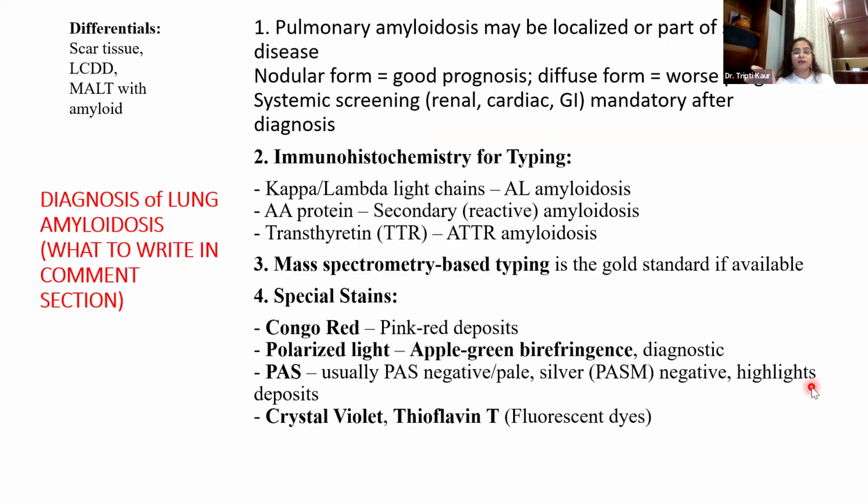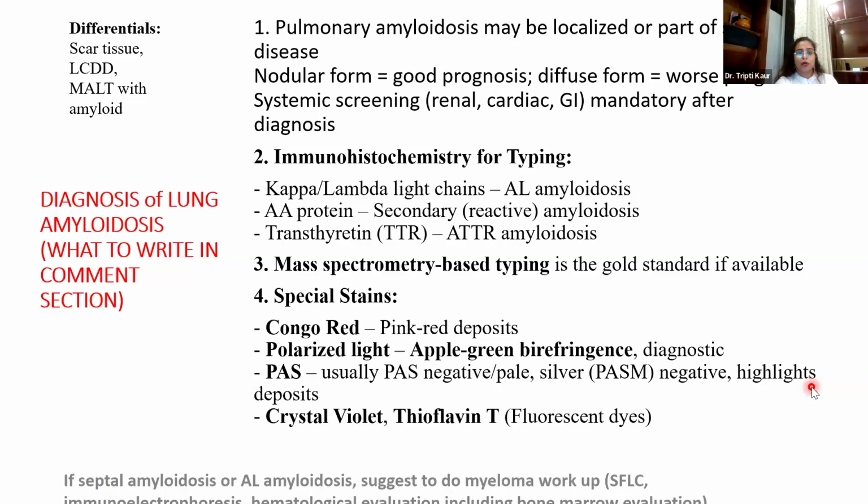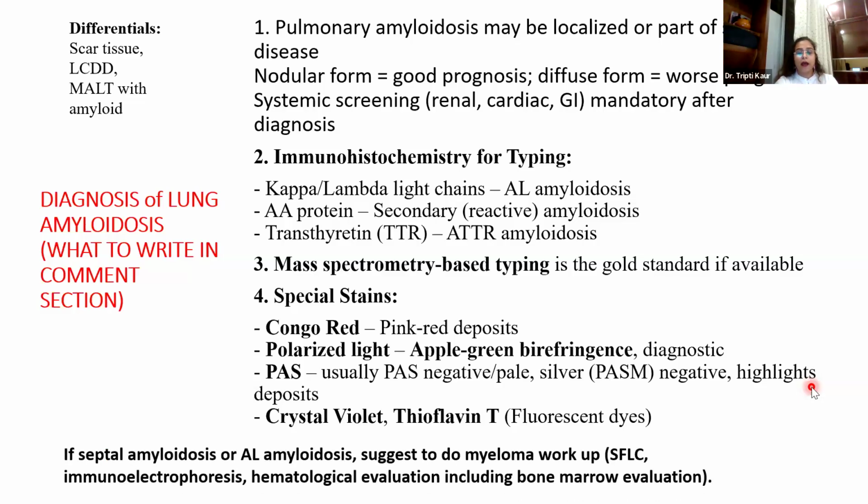And if you write some thioflavin T, crystal violet, fluorescent dyes, that will add to your score. You can take a screenshot of this particular thing if you want to. And yes, very important. If there is a septal amyloidosis or an AL amyloidosis, kappa lambda, if kappa or lambda shows restriction, you need to suggest a myeloma workup also.